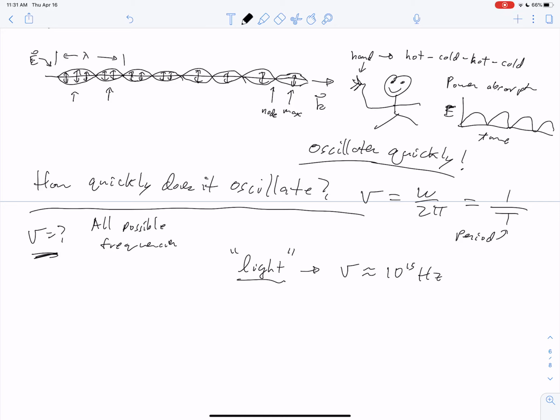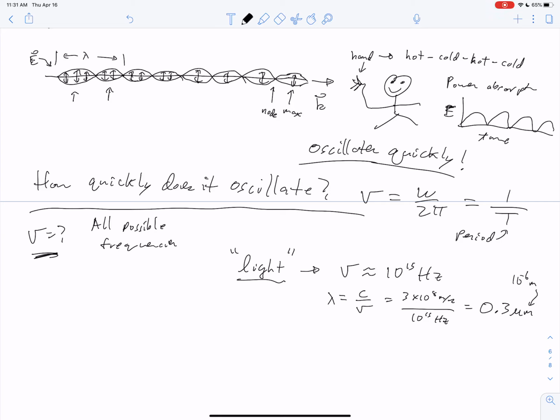For this electromagnetic plane wave, we can calculate the wavelength, which is c over the frequency. The velocity is 3 times 10 to the 8th meters per second, and the frequency is 10 to the 15 hertz, which leaves me, if you work out the numbers, with 0.3 microns, 10 to the minus 6 meters.